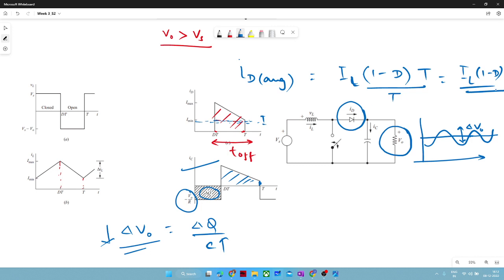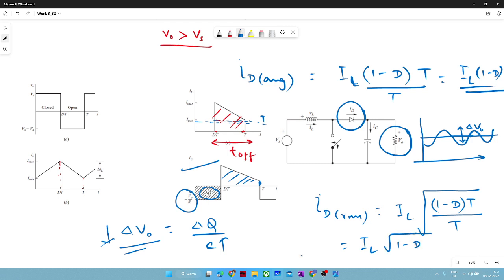Similarly, if you need to find the RMS value of ID, again you take the instantaneous value of the current flowing across the device, square it and take the square root, and again the period for which it is flowing is (1 minus D) into T divided by T. So you can easily compute your RMS.